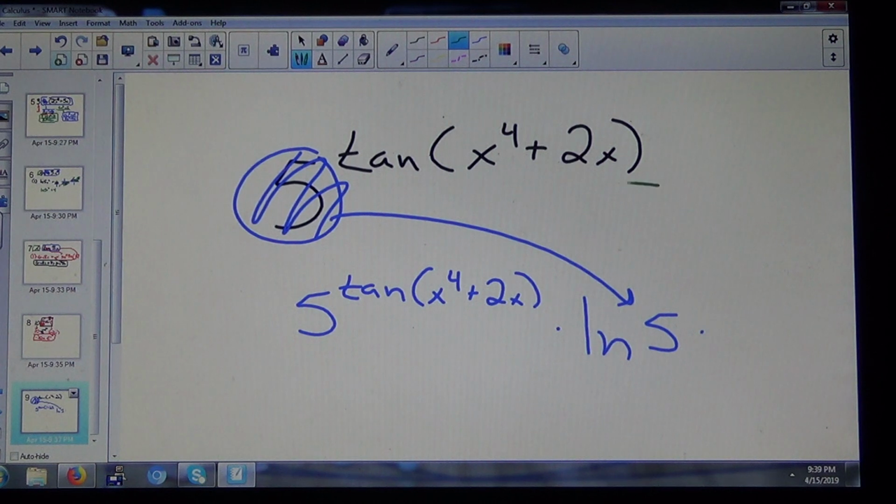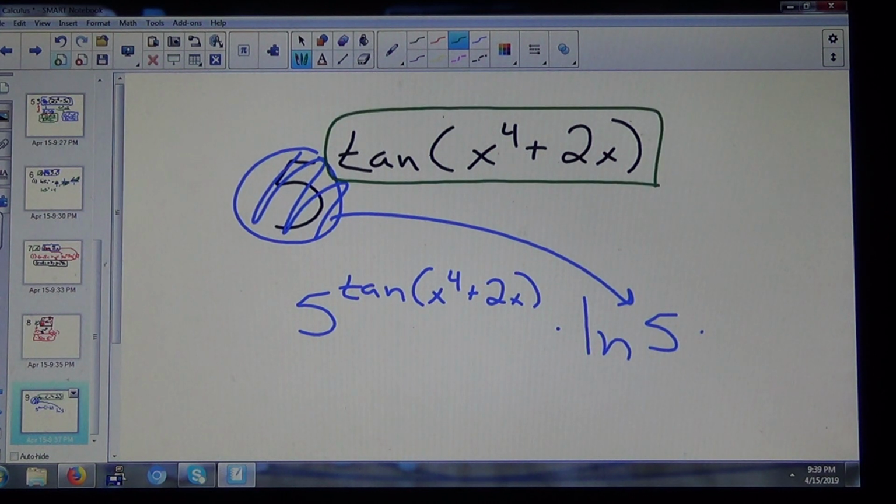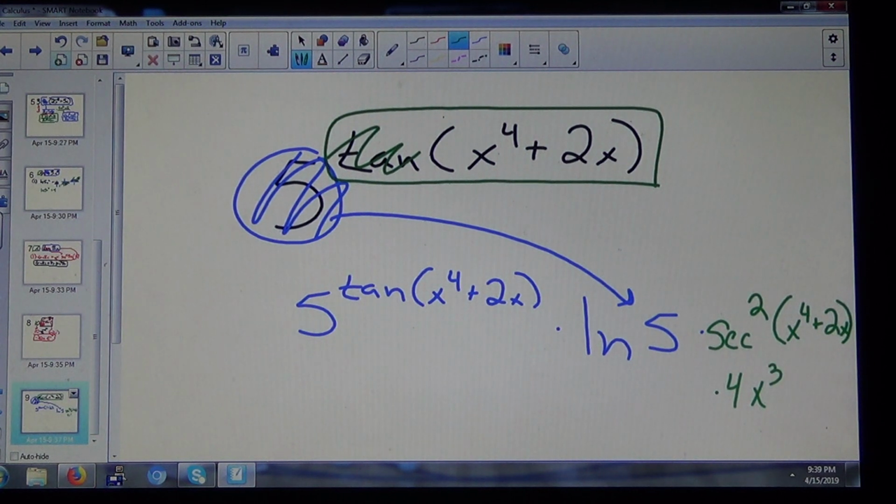Okay. Then, what's the next thing I do the derivative of? The top. And that's the chain rule up here again. So then, derivative of tangent, secant squared, that part up there. Okay. Tangent's done. Times, what do I still gotta do the derivative of? The inside, so then I would get a 4x to the third plus 2.